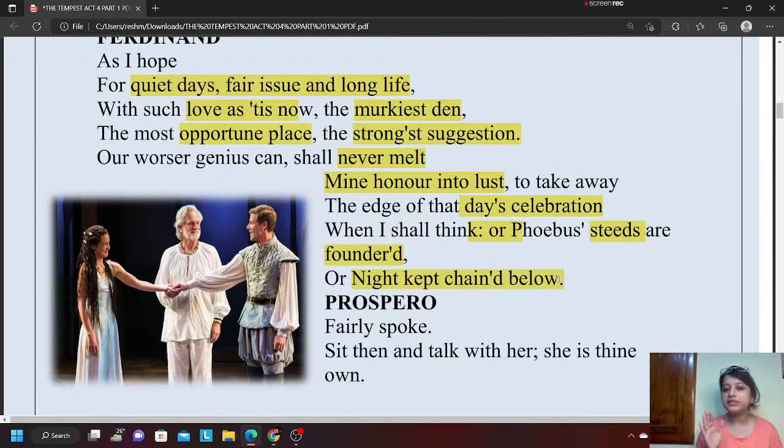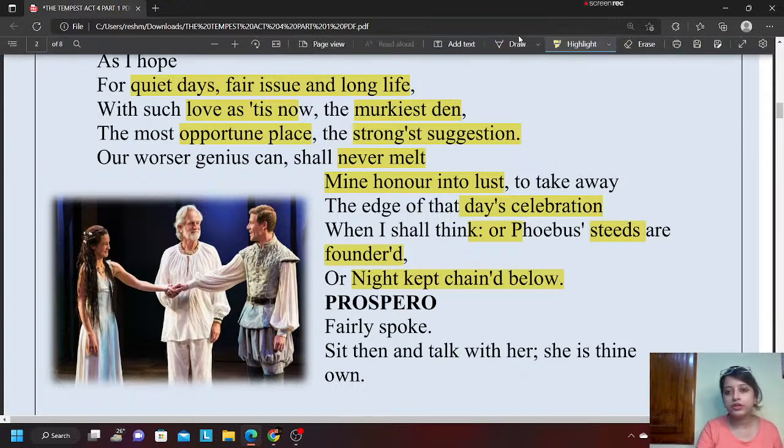If the horses of the sun god are weak and cannot run in time, meaning the morning comes late, or if the night is kept chained below, whatever happens, however long the night is or however late the sun is to rise, I will not indulge in any such thing. I will keep my promise. Okay, this part is clear.